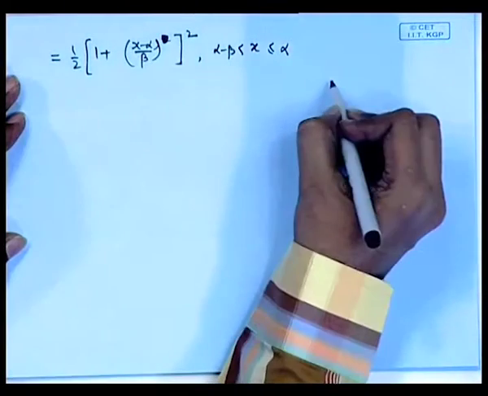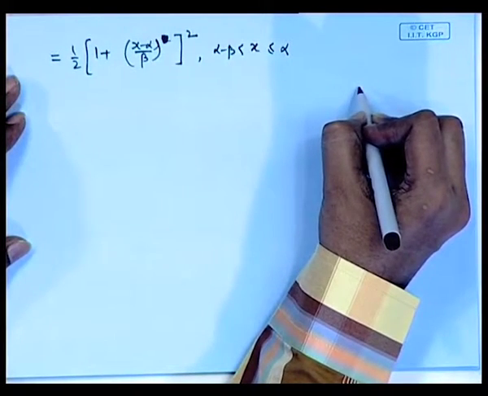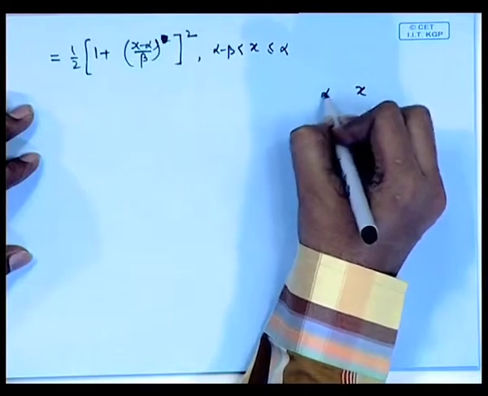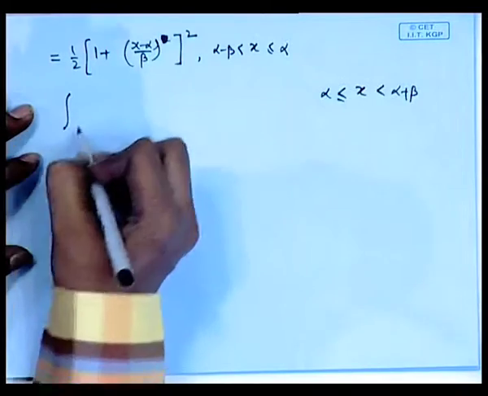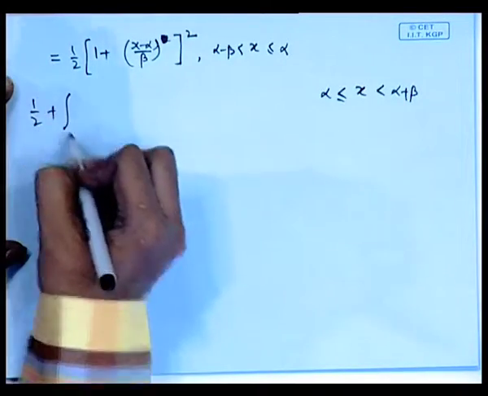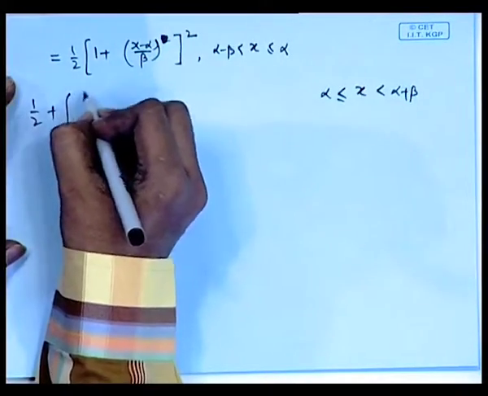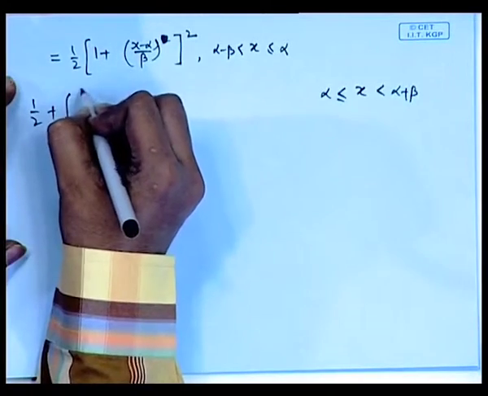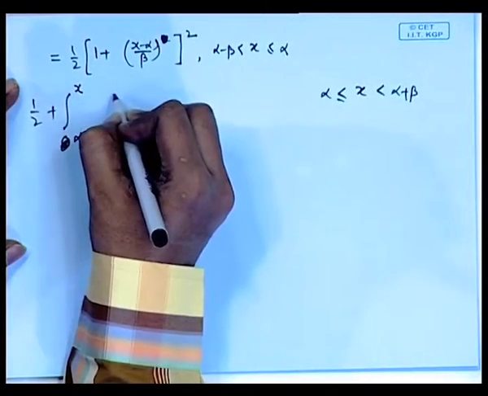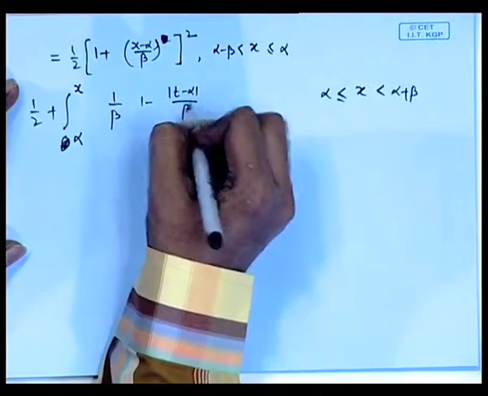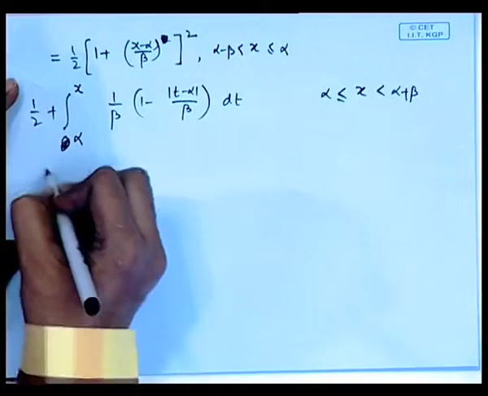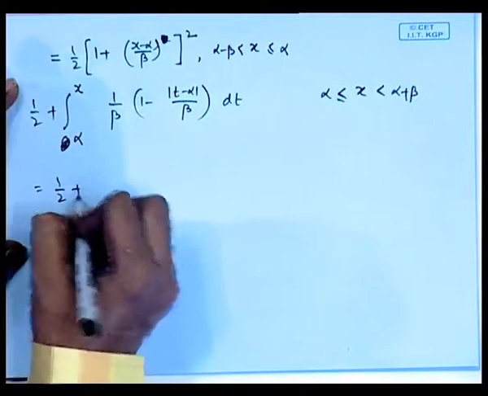If I am choosing a point x greater than or equal to alpha, but less than alpha plus beta, then this will be half plus the integral from alpha to x of 1 by beta times 1 minus (t minus alpha) by beta dt.